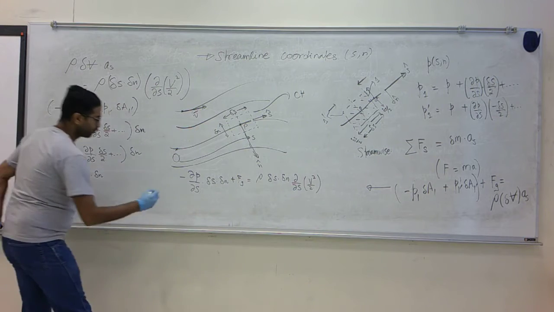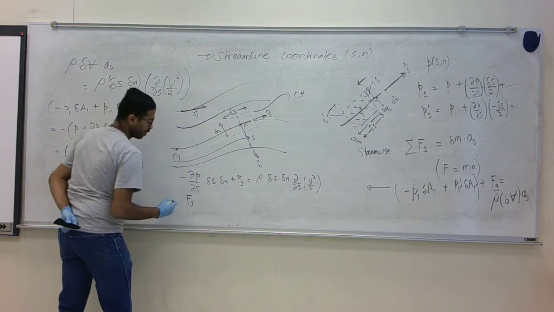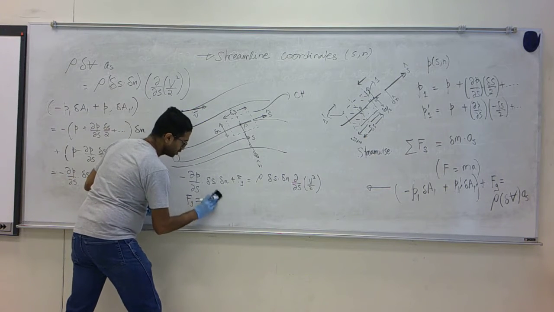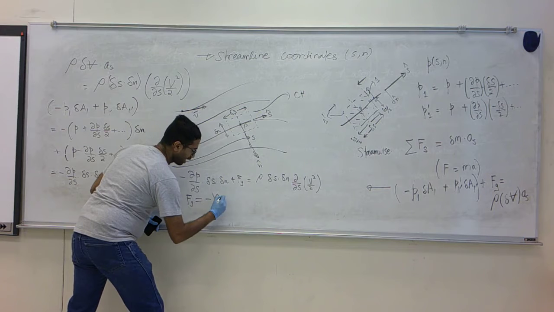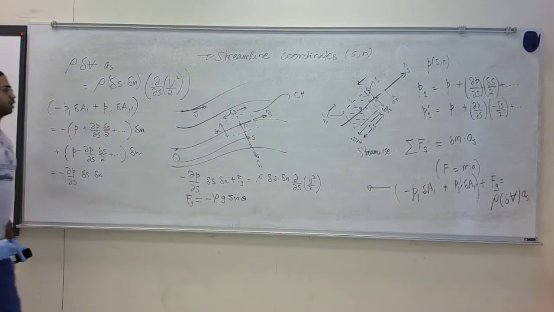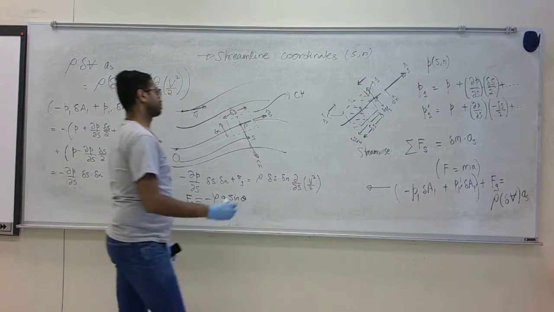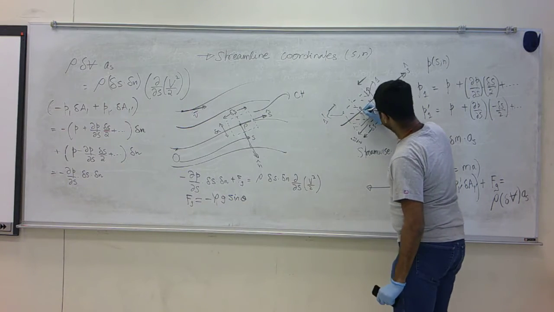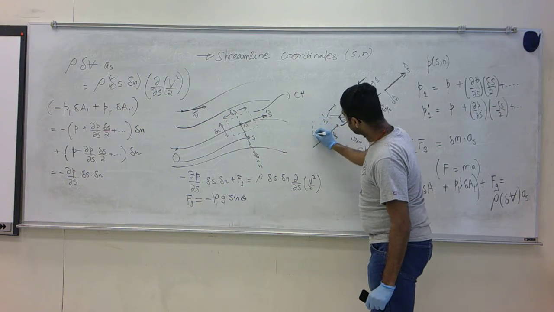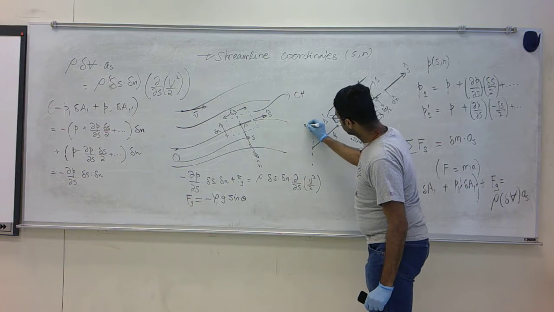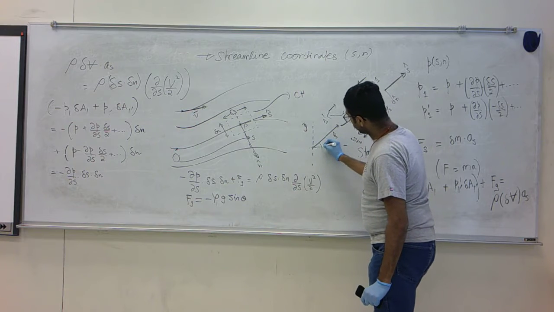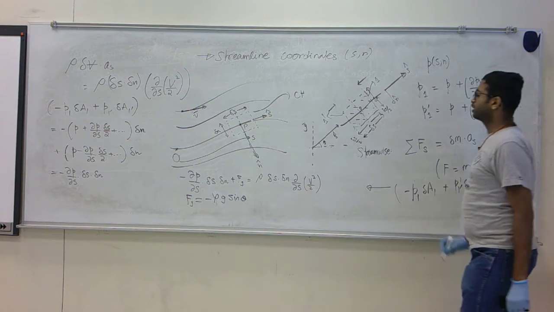Now Fg, I'm going to write, this is minus gamma or minus rho times g times sine theta. Sine theta is basically, if you take this direction s, and if you take the vertical direction to be gravity, sine theta is the angle between the streamwise direction and the horizontal.